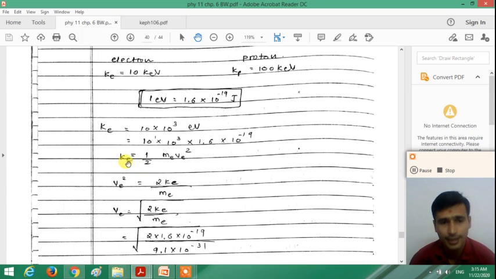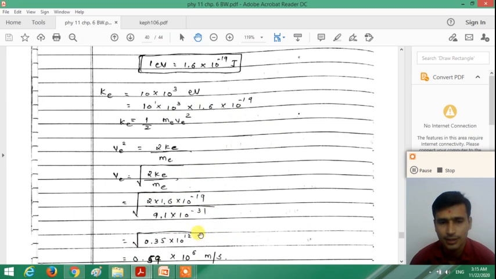Now kinetic energy K is equal to 1/2 me ve squared, 1/2 m v squared, e for electron. So from that, the speed of the electron ve is equal to the square root of 2 Ke divided by me. So 2 Ke, kinetic energy of the electron, 10 raised to 3 into 1.6 into 10 raised to minus 19 into 2 divided by 9.1 into 10 raised to minus 31.